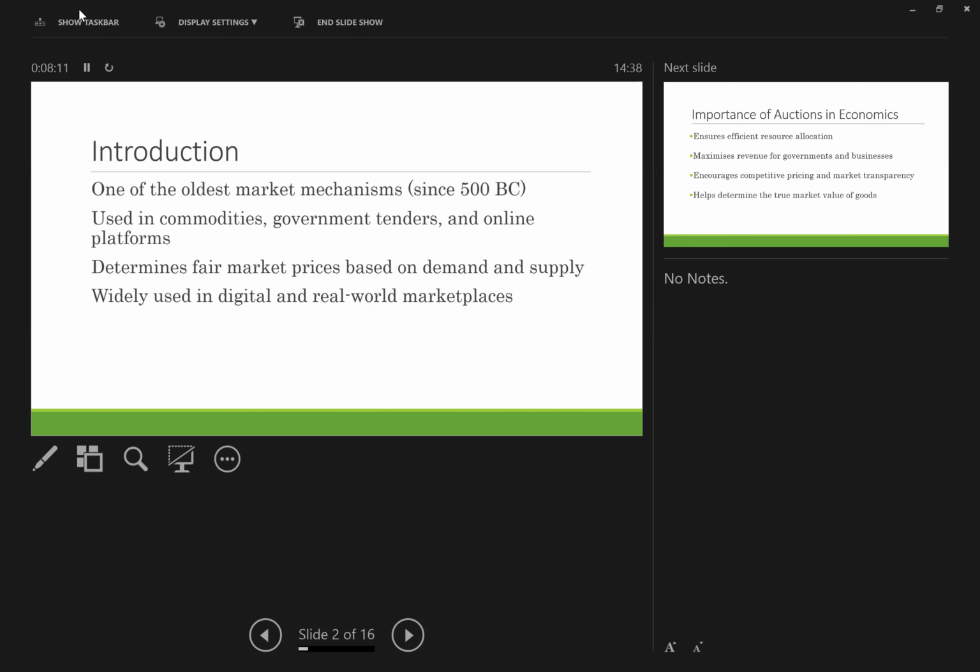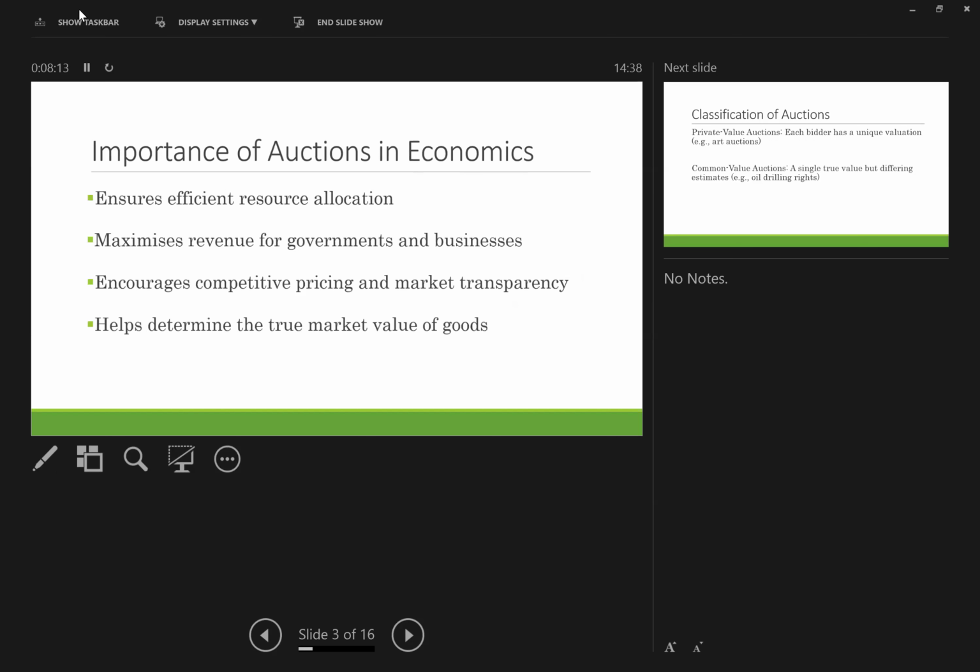So what is the importance of auctions in this sense? We say that auctions ensure efficient resource allocation, as I mentioned earlier on. At the end of the day, it's those items that are really needed that are up for sale, and people are also able to get these items at the prices that they feel it should be. So we also have the issue of maximization, right?